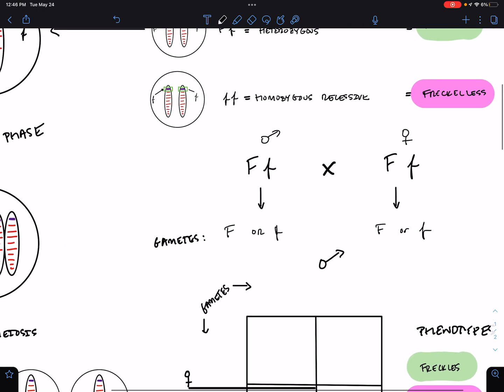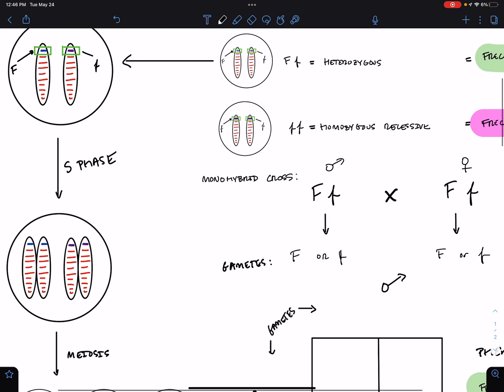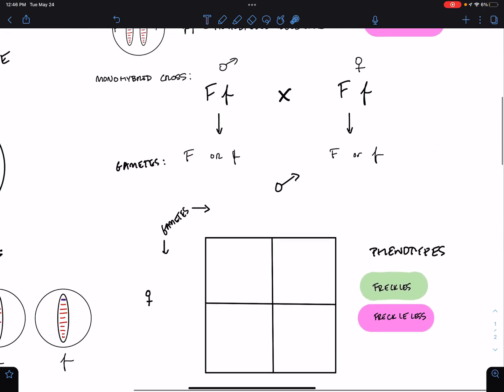When we're just examining one trait, we call this a monohybrid cross. Okay, so a monohybrid cross is when we look at one gene and its inheritance pattern across 2 generations.